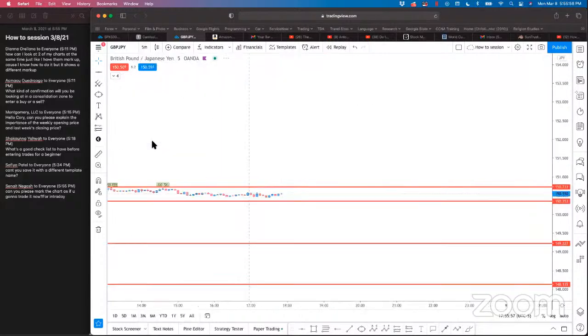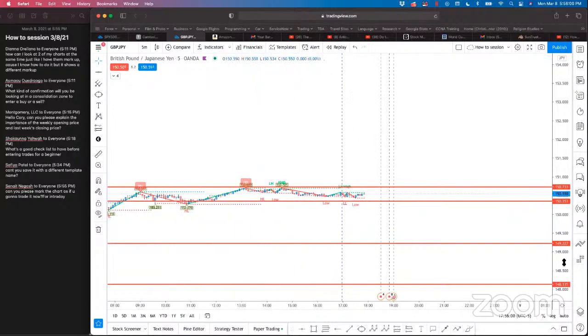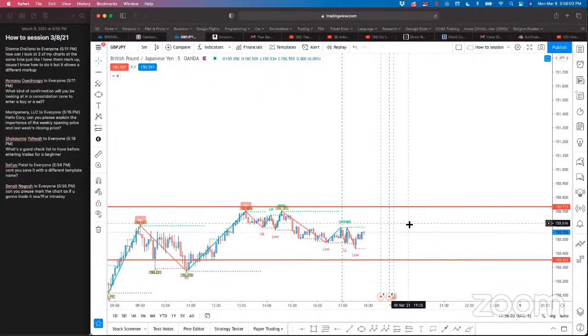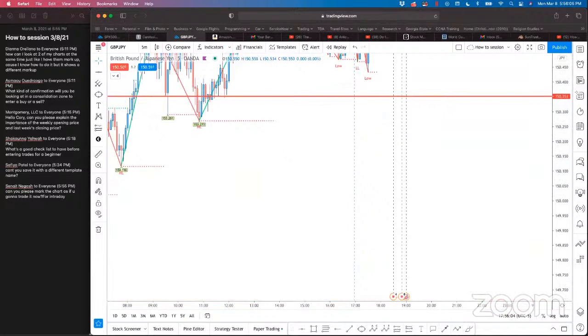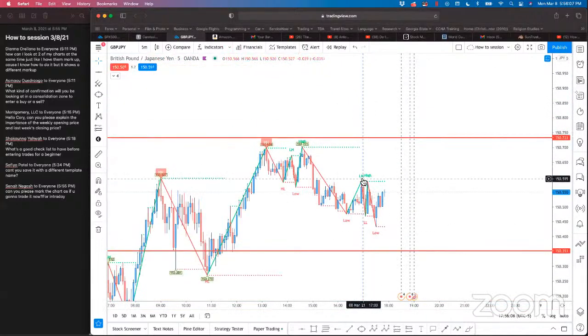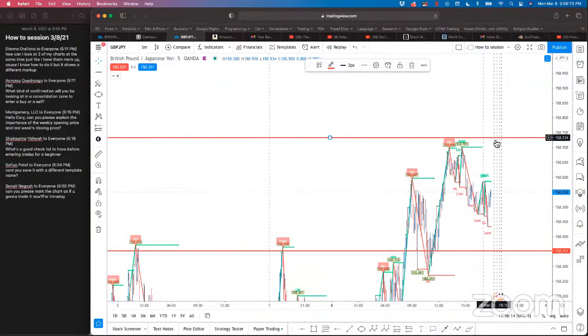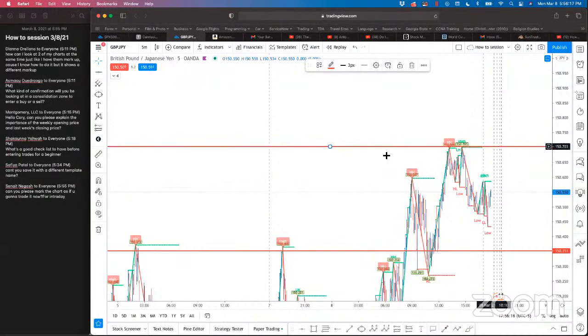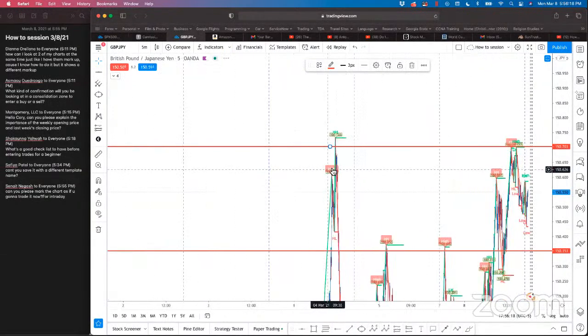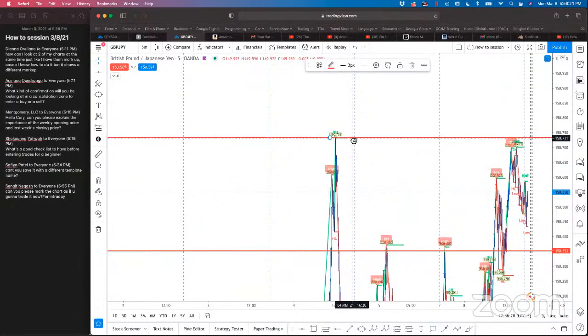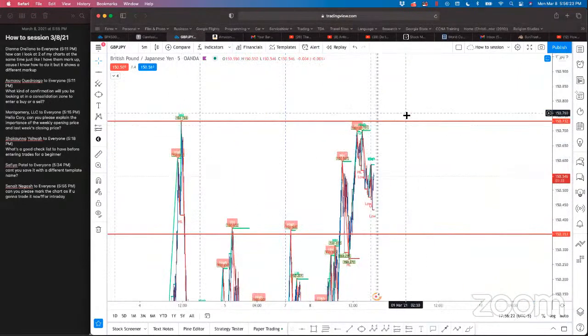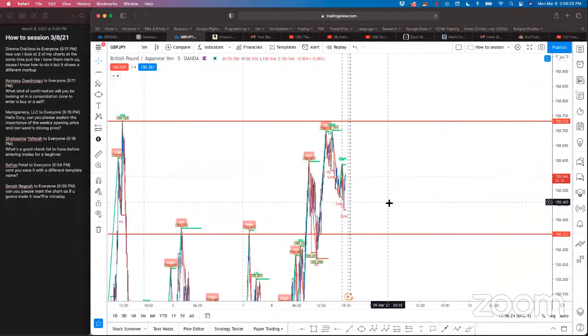If we go to the 5-minute chart, I'm not really going to consider what's going on at this high versus these highs, because these are the higher time frame highs right here. At this point, we're at a higher time frame high.